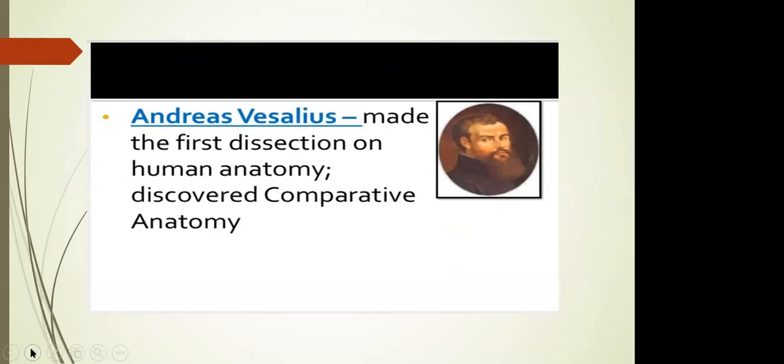He observed the internal organs in dead human bodies with the help of anatomy, and he discovered comparative anatomy. So Vesalius is one of the scientists who made the first dissection on human anatomy and discovered comparative anatomy.